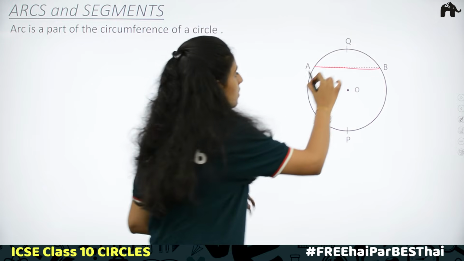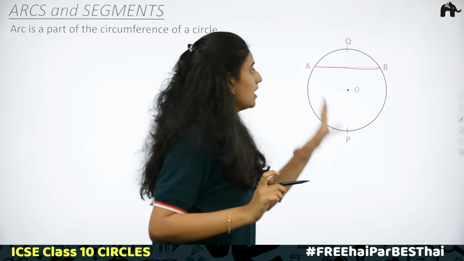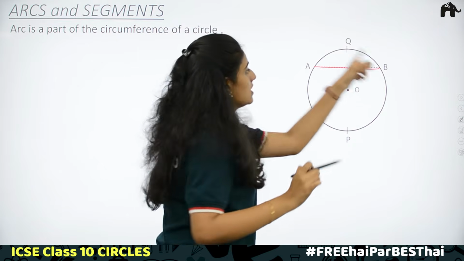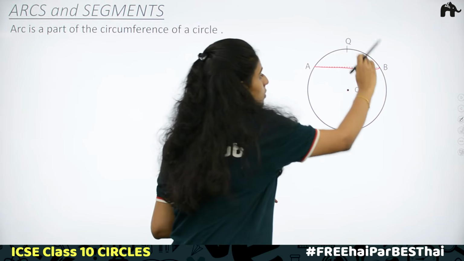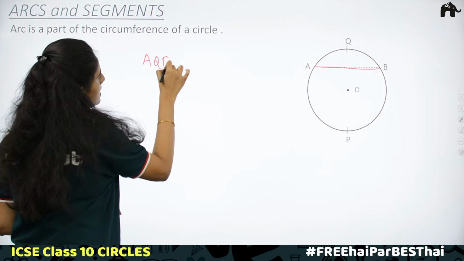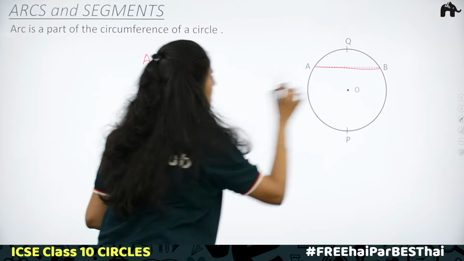Okay. Now, here the points A and B divide the circumference of the circle into two parts. Yes, AQB is one part. The small part is AQB and APB is the bigger part.